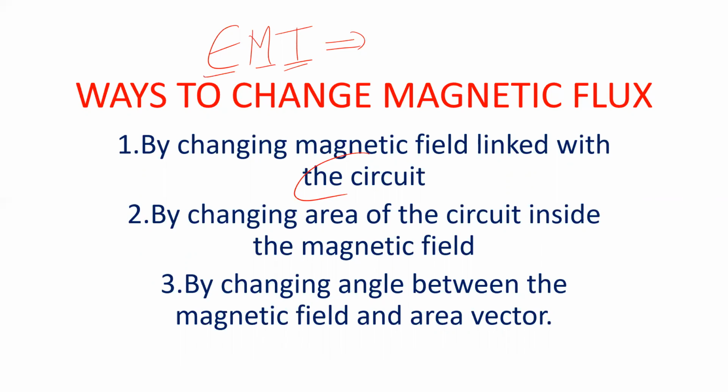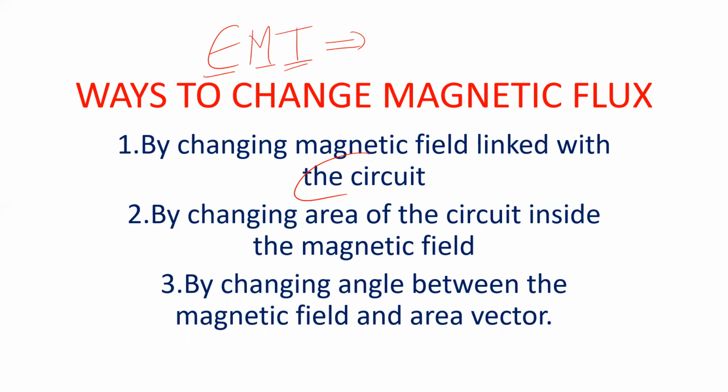Suppose we have a circuit and we change the magnetic flux linked with that circuit, then an EMF is induced in it. That's called electromagnetic induction. The name implies it itself, induction. So what is being induced? If the circuit is not closed, then EMF is induced, and if the circuit is closed, then along with EMF, a current would be induced. So that is how EMI works.